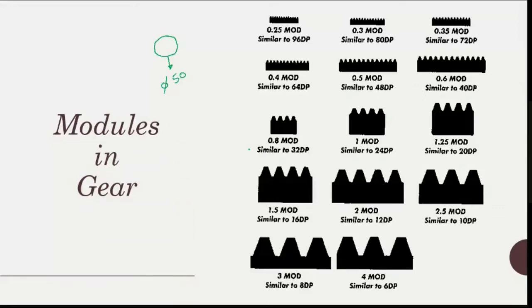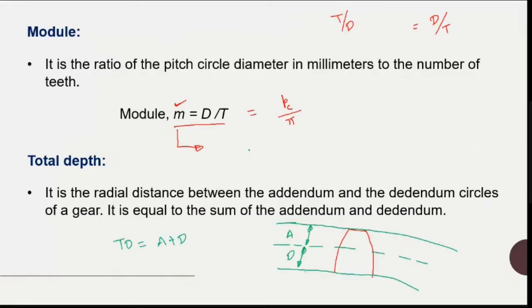When the module is the same, automatically that will also become the same. That is how it is related. Because the formula is pitch circle diameter by pi, when I equate it, you'll get the pitch circle the same, so your pi is the same, which will be cancelled. Can you get it? Yes, sir.